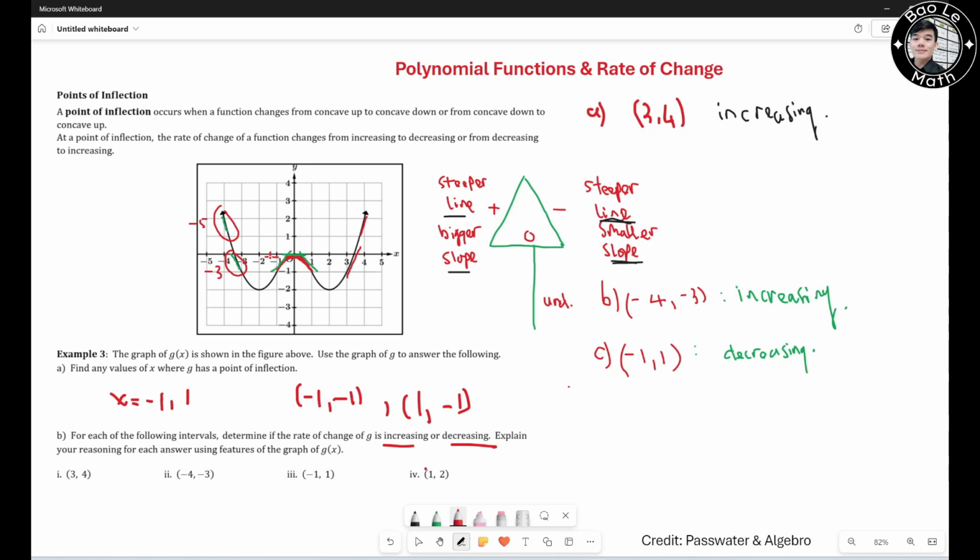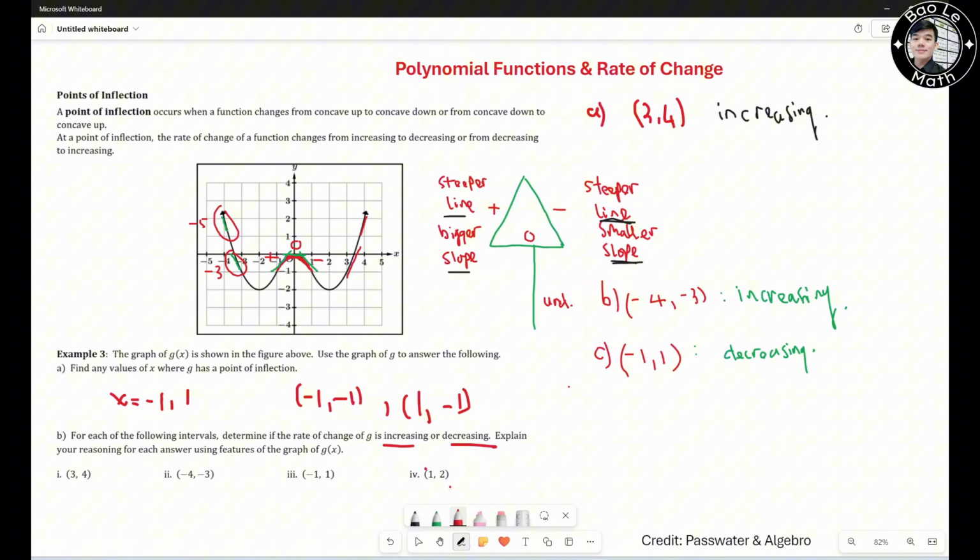The tangent lines go this way, the slope is 0. And the last tangent line is gonna go this way, the slope is negative, right? And you see that the rate of change changes from positive to 0 and to negative, right? Which means the rate of change is decreasing.